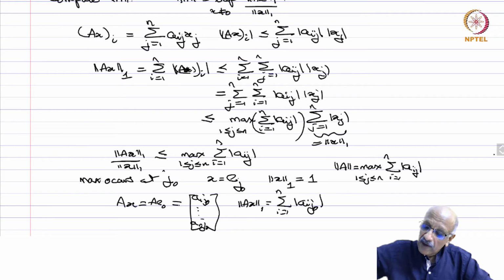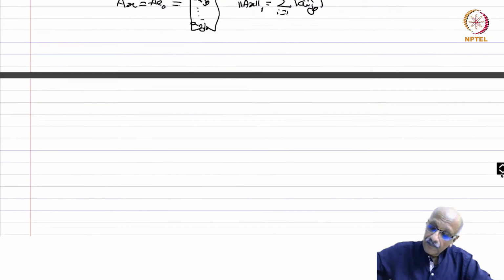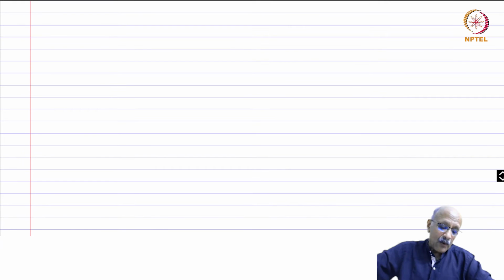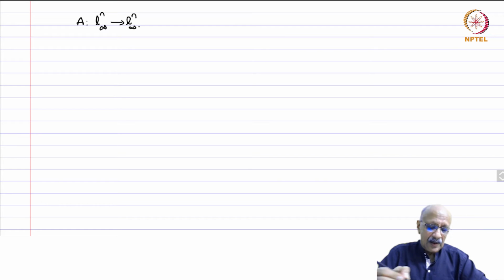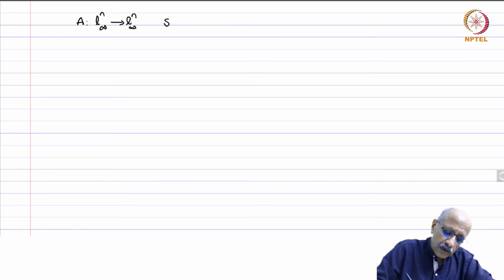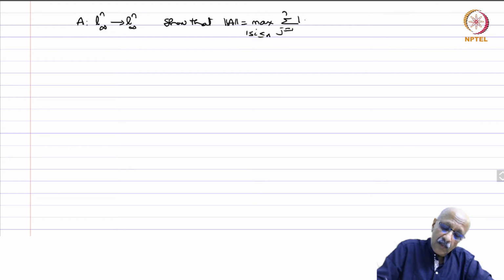So, in the same way, I would like you to try, if you consider A as a map from L infinity to L infinity, then show that norm A is the max over 1 ≤ i ≤ n of sigma j equals 1 to n mod aij.